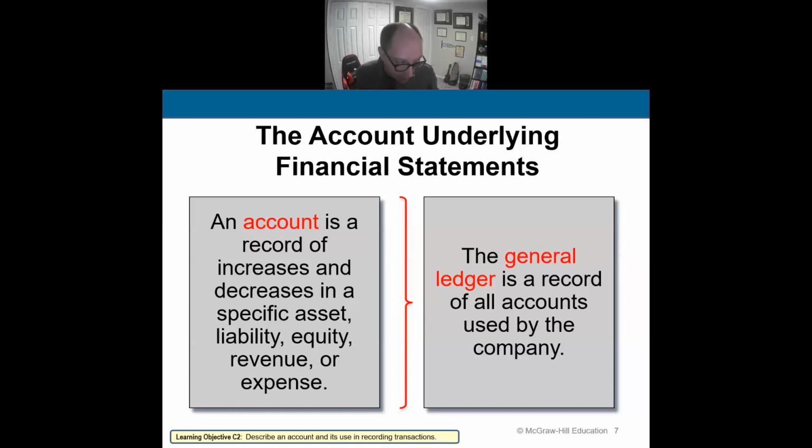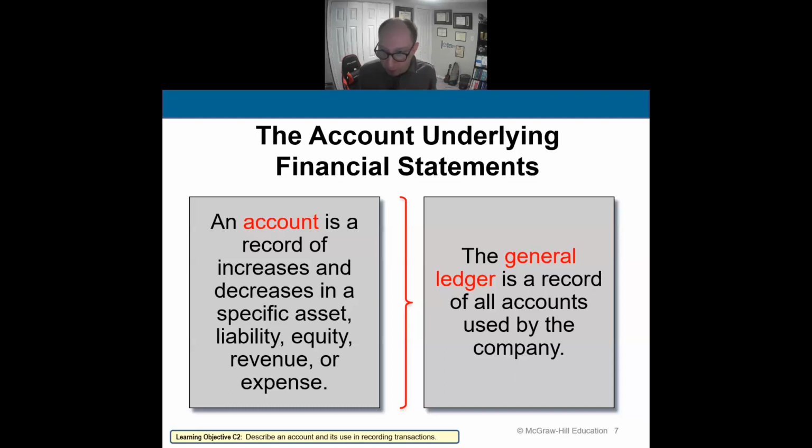I use my equipment to manufacture my products to then sell to generate revenue. So when you think of an asset, think of something that helps the company to generate revenue. Those are asset accounts specifically.